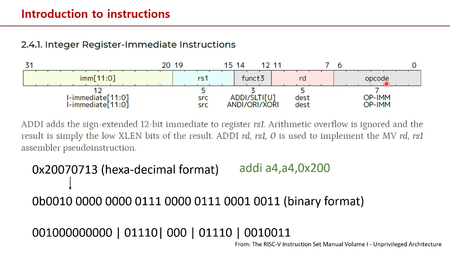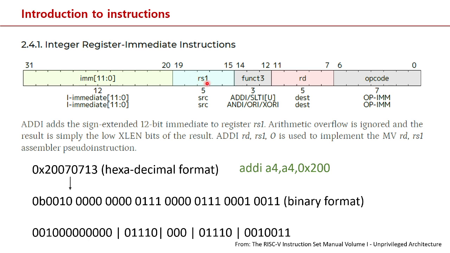Each field has a different meaning. Bits 0 to 6 mean the opcode, bits 7 to 11 indicate the destination register, bits 12 to 14 mean the functionality of this instruction, and bits 15 to 19 indicate the first operand.